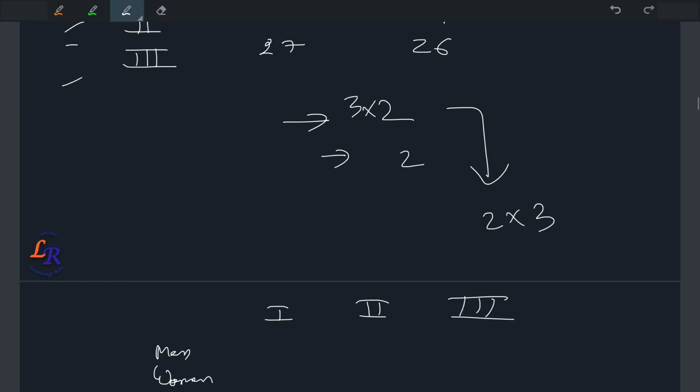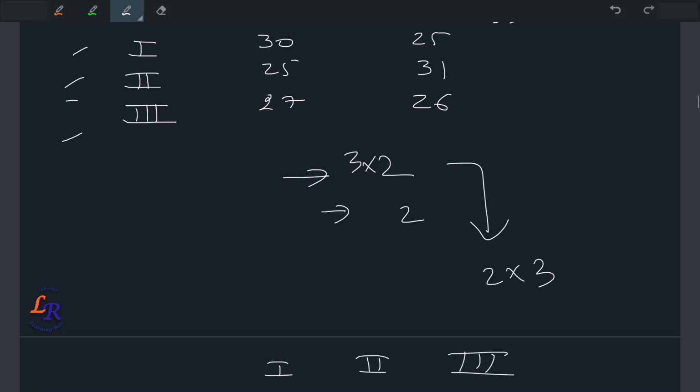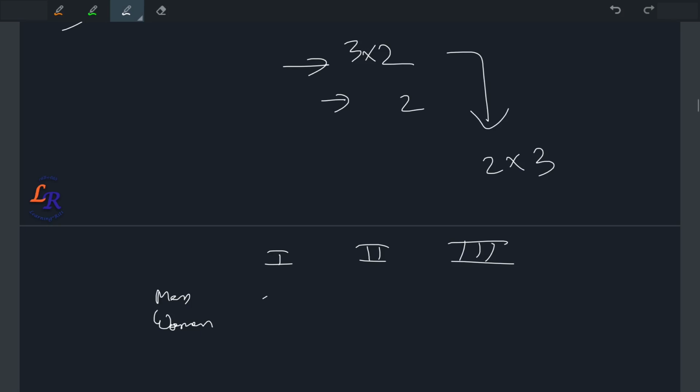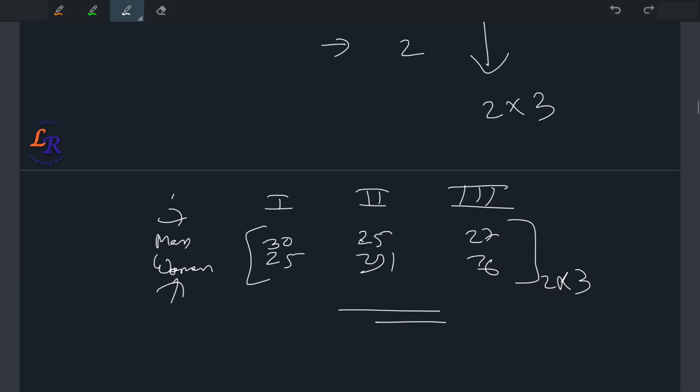Then you can easily construct the matrix, where you will have 30, 25, 31, 27, 26. So you can easily make a matrix of 2 cross 3. This is how you can construct the matrix from information. Just remember what represents rows and what represents columns, and then you can calculate and do the formulation that we will see in further cases.